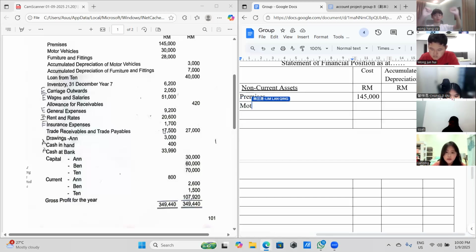Next is the motor vehicle. The cost of motor vehicle will be 30,000, and the accumulated depreciation will be negative 6,000. The carrying amount will be 24,000. And next will be the furniture and fittings.